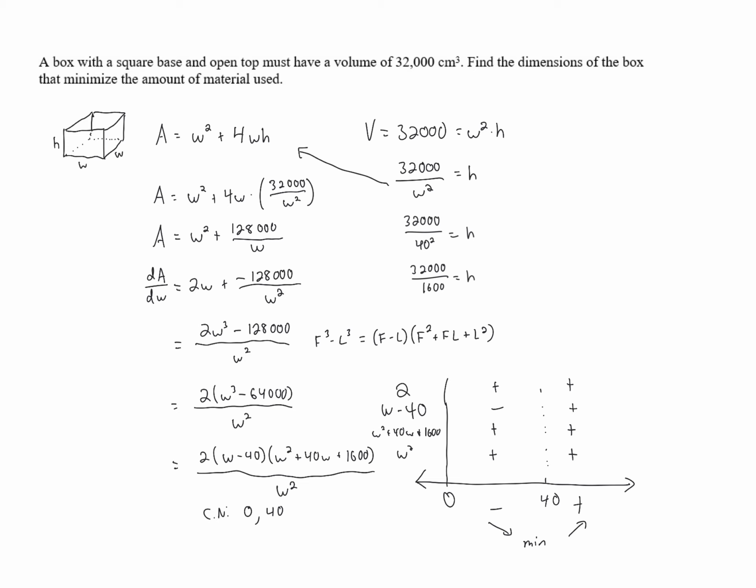And if we divide those out, we're going to end up getting 20. And these are all measured in centimeters. So we have a width equal to 40 centimeters and a height equal to 20 centimeters. And those are the dimensions that are going to give the least amount of material used, giving us a volume of 32,000 cubic centimeters.